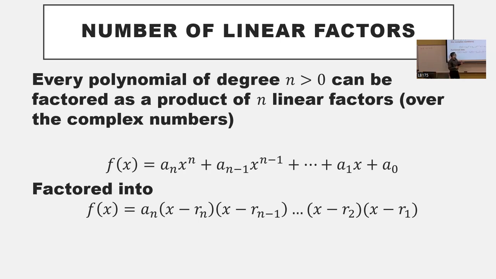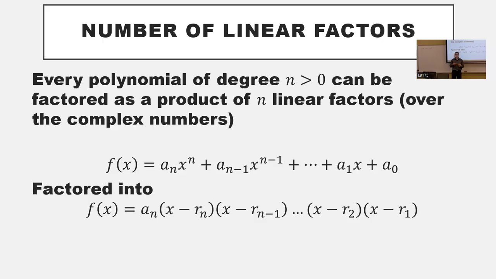Now, one other thing, I'm writing them as r sub n minus 1, and so on and so forth. You might have repeated factors. You may have one of your r be a minus 2 and another r be a minus 2. That makes sense.